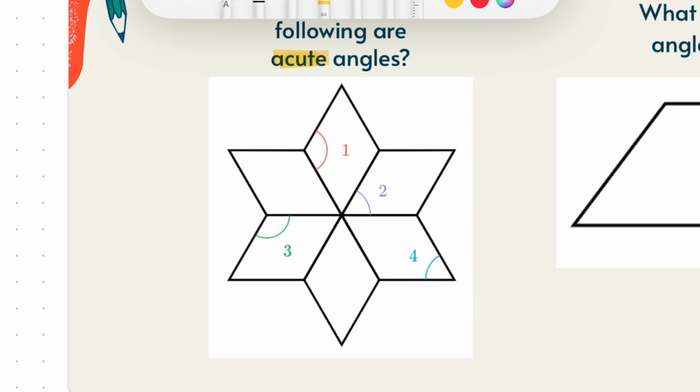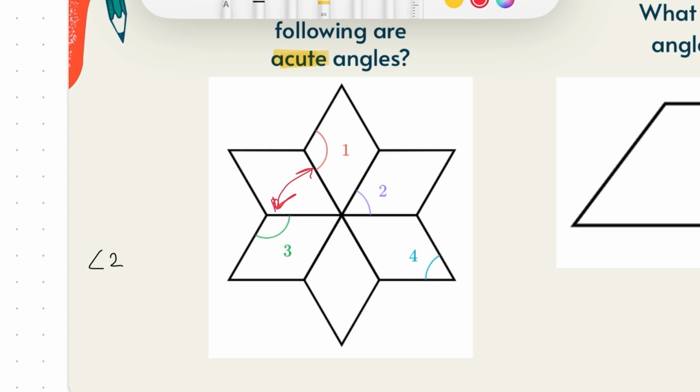What about 2? Well, to me, 2 looks like a 45-degree angle, right between 0 and 90. So in that case, we could add 2 to our list of answers, and 2 would be considered an acute angle. What about 3? Well, if we compared 3 to 1, they look the exact same. In other words, they look congruent.